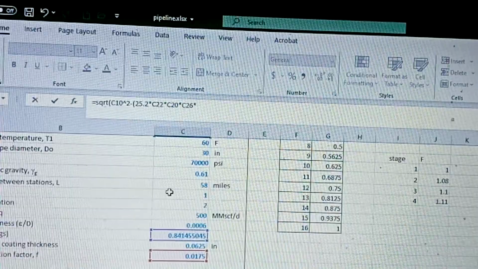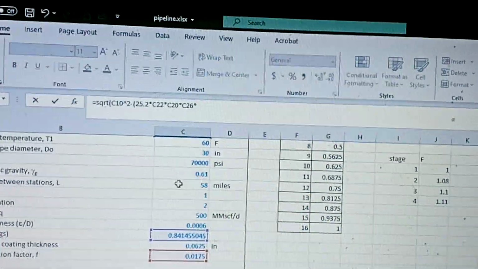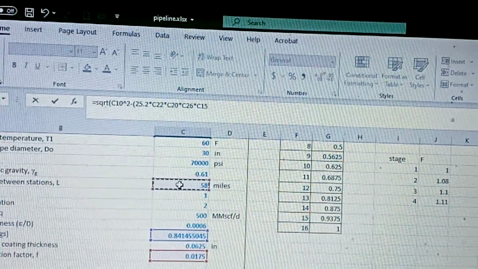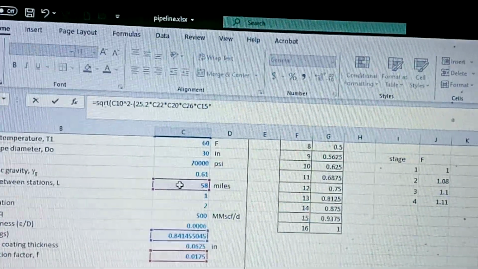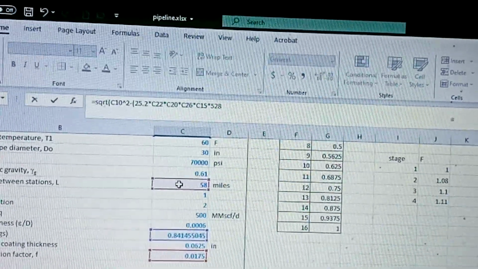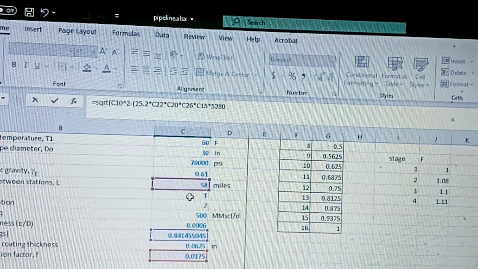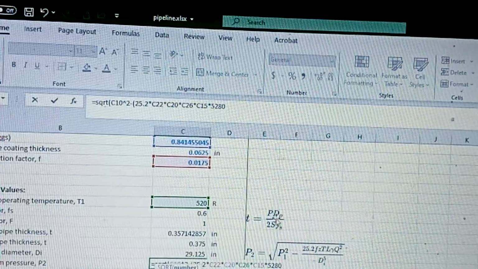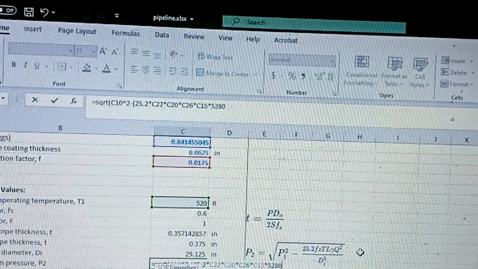I think 58 miles. We have to convert 58 miles to feet. So I click on that. Then I multiply by 5280. That will convert it to feet. 5280. Okay. Then after that, what else?